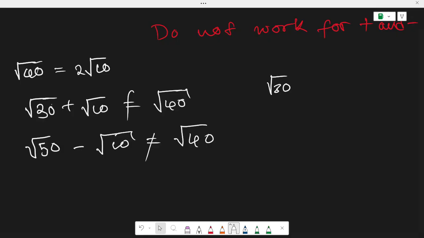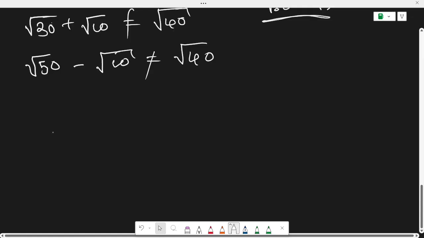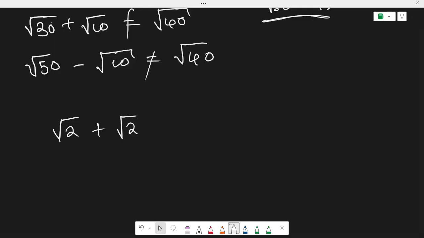Root 30 and, let's say, root 5, for example, are different. They cannot be added. But let's say you have root 2 and root 2. This you can add to get 2 root 2. But if they are different, you can't add.